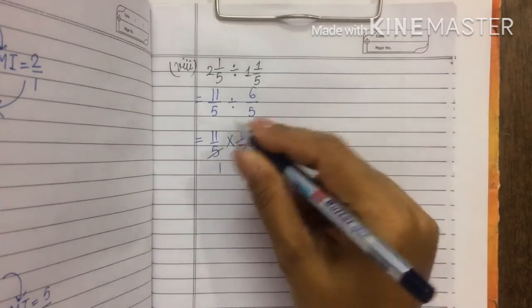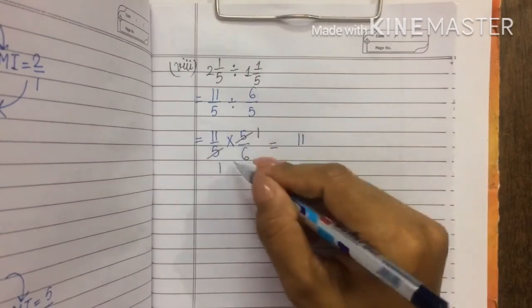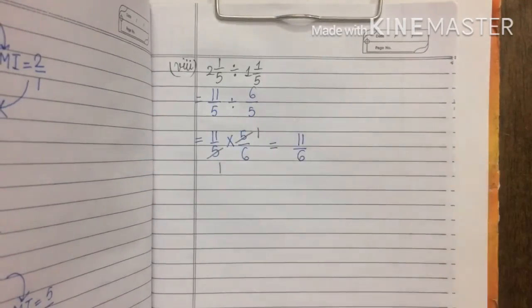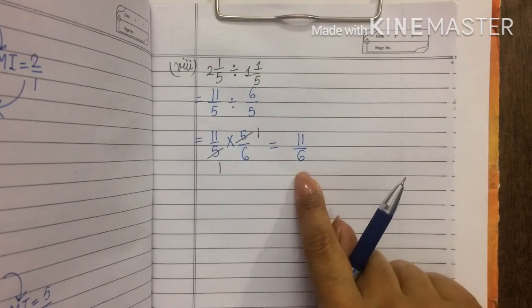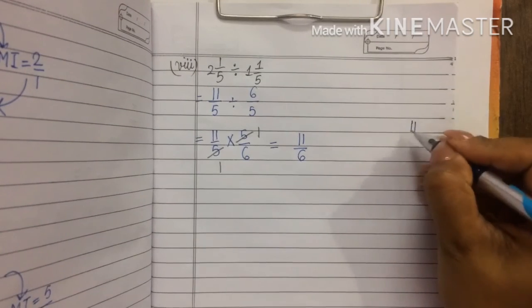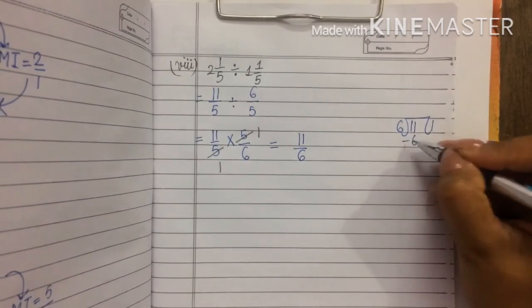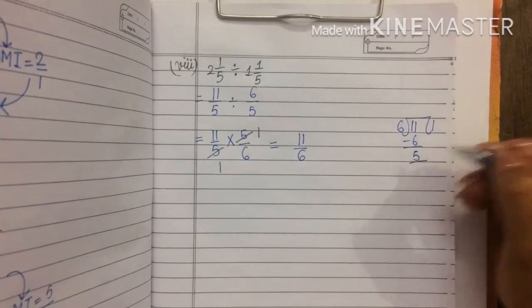So now I have simplified. Multiplying the numerators gives me 11. Multiplying the denominators gives me 6. Now this is an improper fraction. I'll have to change this into a mixed number. For that, I'll divide the numerator by the denominator. Obtain the quotient and the remainder.